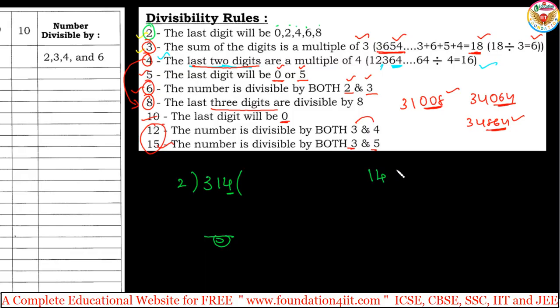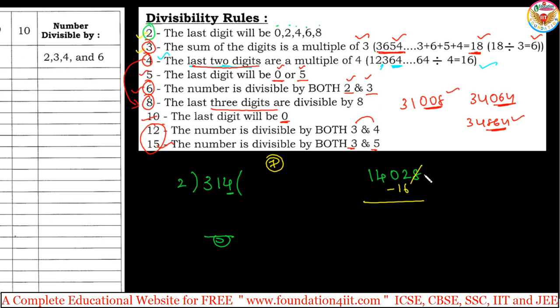Right. And let us take the rule for 7. Take 1428. To check whether this number is divisible by 7 or not, double the last digit and subtract it from the remaining number.